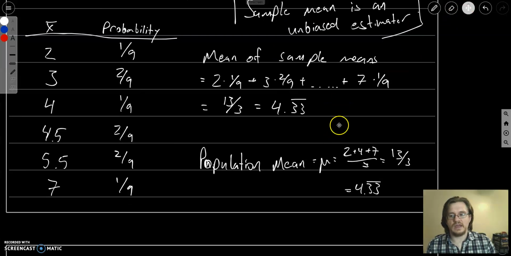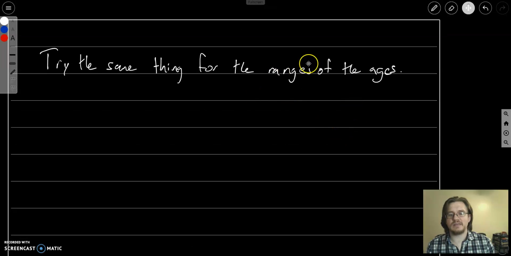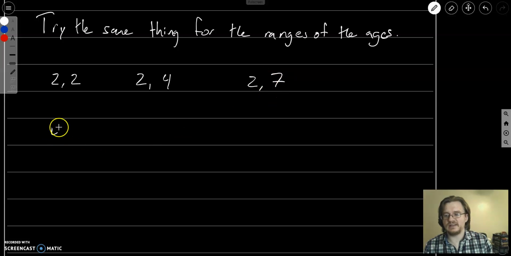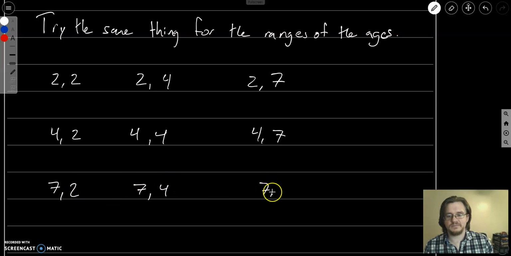Cool. And let's try the same thing for the ranges of the ages. And what we'll see is that the range is not an unbiased estimator. So again, if we write down all of our samples, sampling with replacement, we'll get 9 different samples. And then we'll go through and calculate the range in each sample.